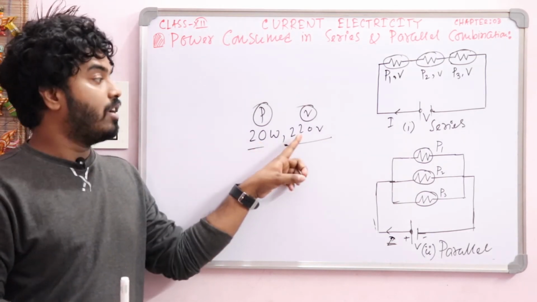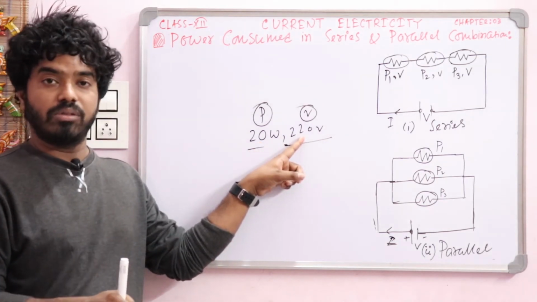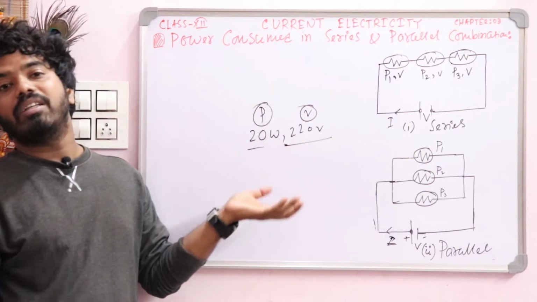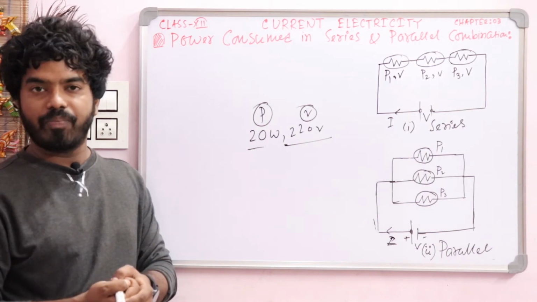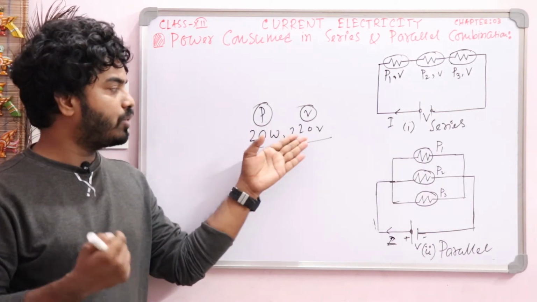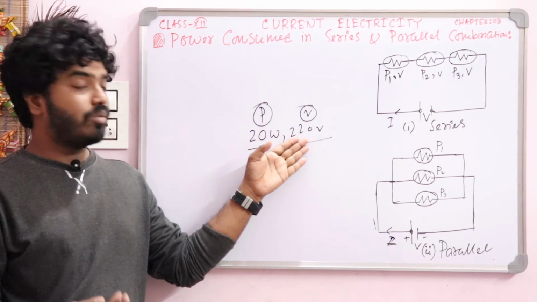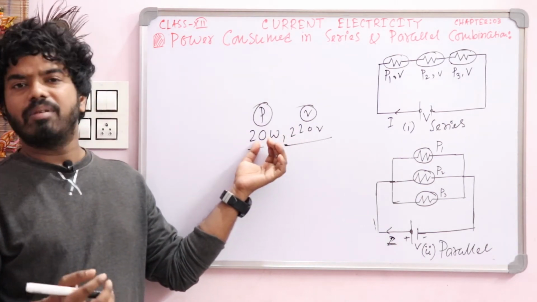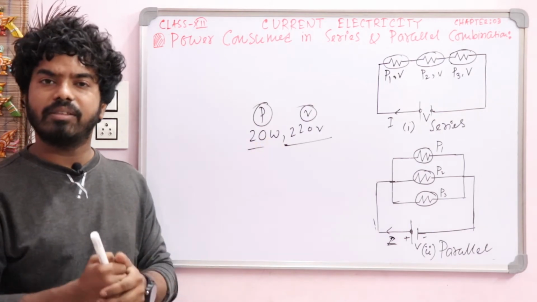When we supply more than 220 volt to this appliance, the appliance will fuse or burst. So when we supply 220 volt to the appliance, the maximum power is called the power rating.